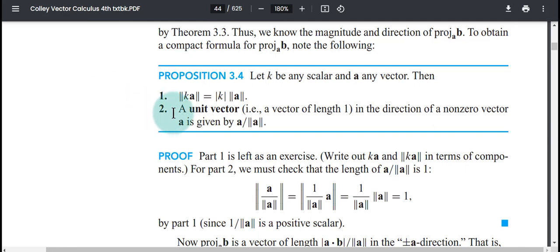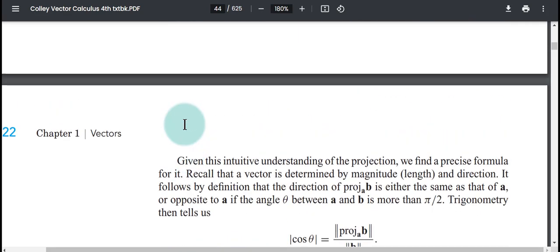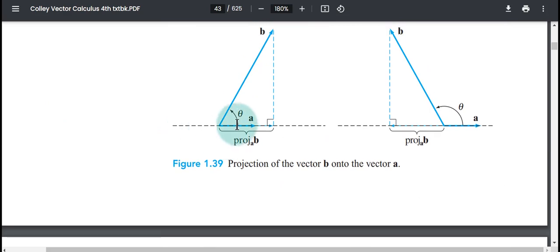It can be in many different angles, but it has to be of length 1. So a unit vector, okay, that means a vector of length 1, in the direction of a non-zero vector a. So we just want to talk about a vector in the direction of a, but only of length 1, or only a unit vector.